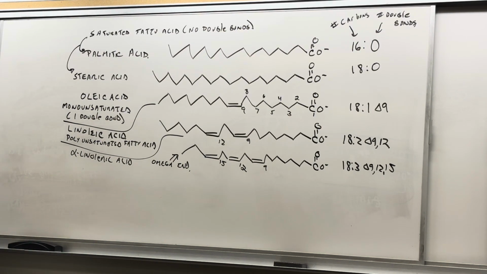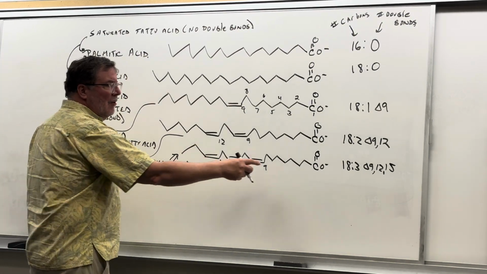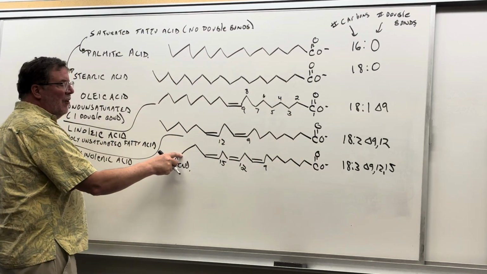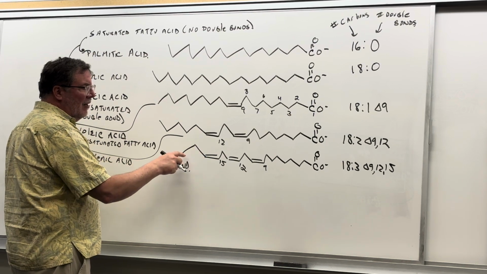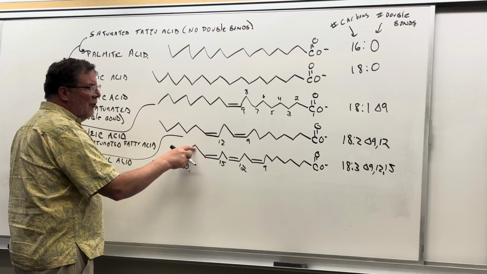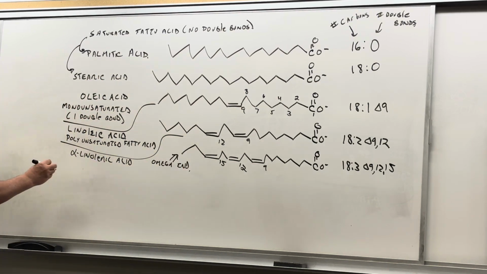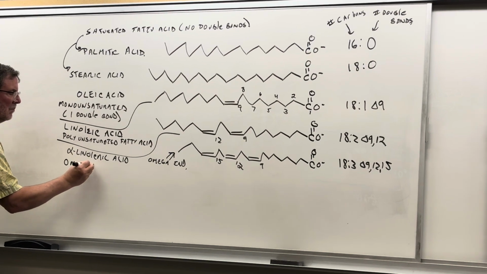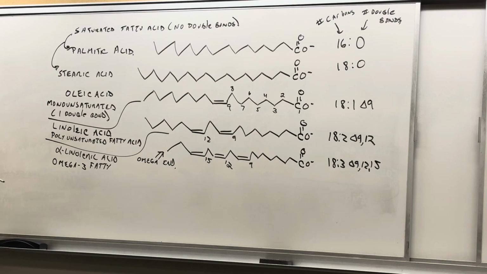So we can define the position of the double bond not based upon the numbering from the carboxyl group, but the distance from the omega end. And alpha linolenic acid here has a double bond 1, 2, 3 carbons away from the omega end. So this is known as an omega-3 fatty acid. And you've probably heard of omega-3 fatty acids and health claims for those.